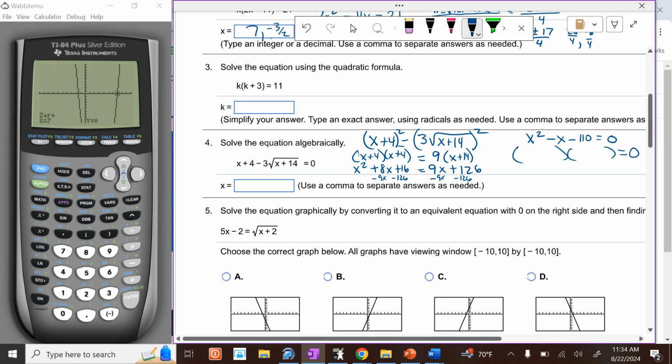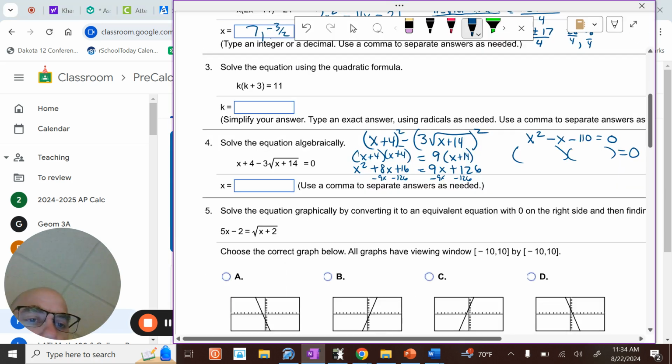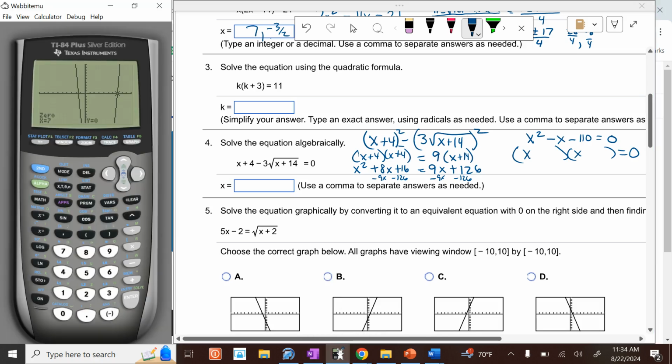I'm going to factor it. How do we split up x squared? x and x. The factors of 110 are 1 and 110, 2 and 55, 5 and 22, 10 and 11.